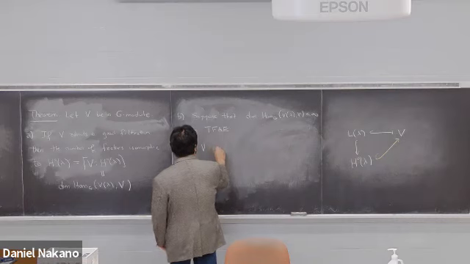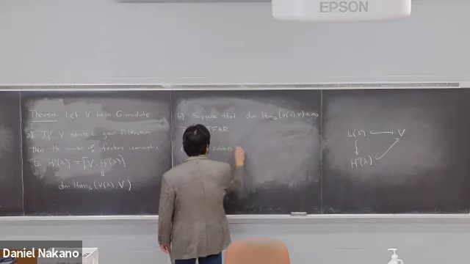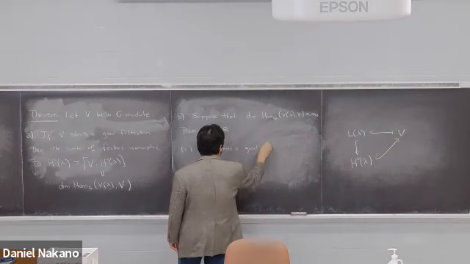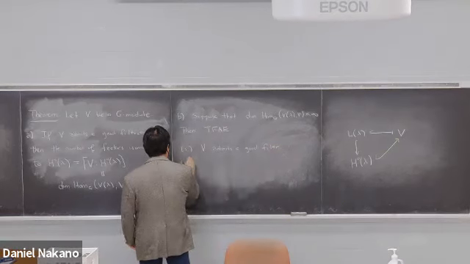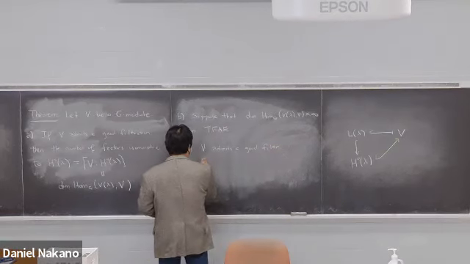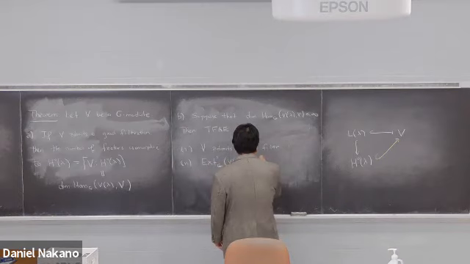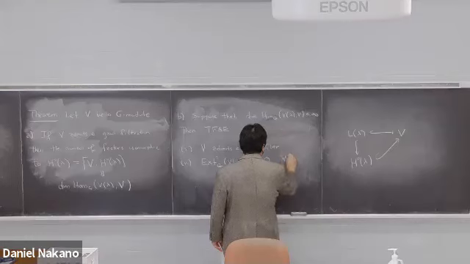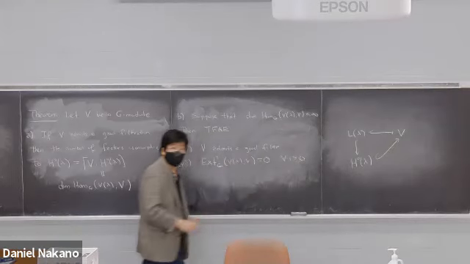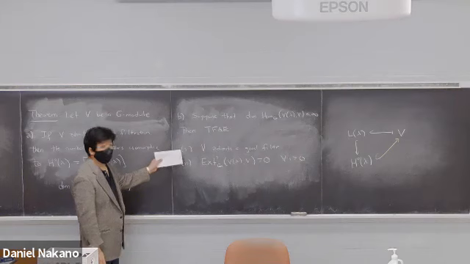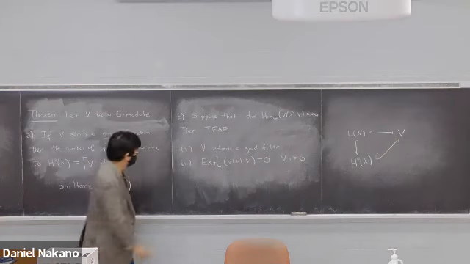So V admits a good filtration. Part two, if I take higher Ext between V(lambda) and V, if this is 0 for all i strictly bigger than 0, then V admits a good filtration, and vice versa.